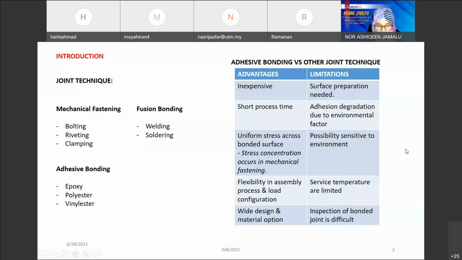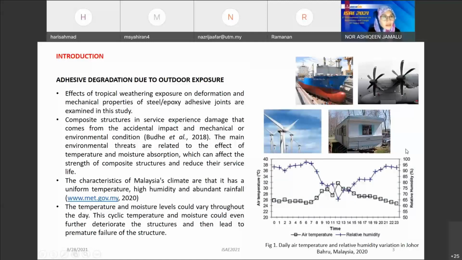About tropical weathering exposure, this adhesive suffers degradation due to outdoor exposure. This study examined the effect of tropical weathering on deformation and mechanical properties of steel and epoxy joints. Adhesive bonds lead to wide application in sectors such as aerospace, automotive, marine, sport industry, and even civil construction.